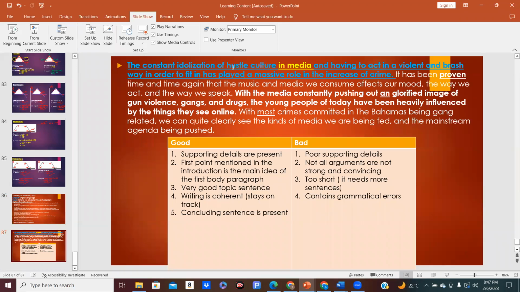Idolization, hustle culture, brash, massive, glorified. Those are proven words, and proven is great too. So my vote just went from a 4 to a 4.5. Language is mature. I'll give it that for sure, easily. For her grade for sure.